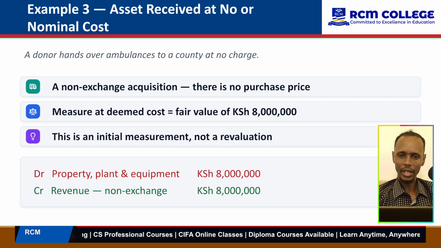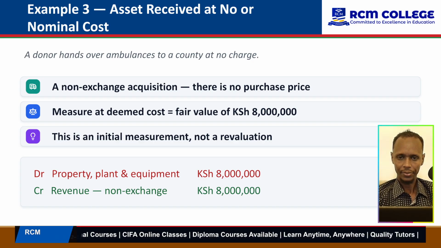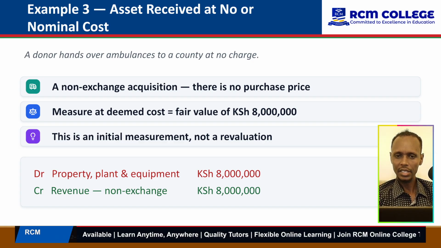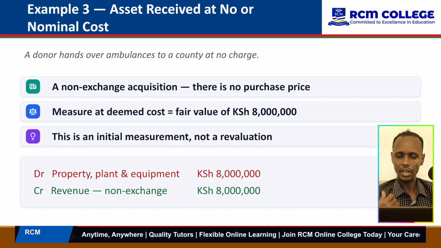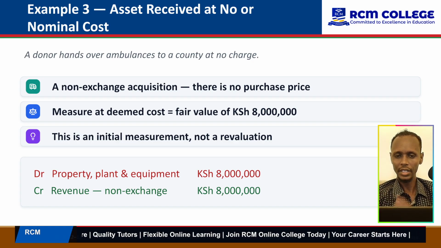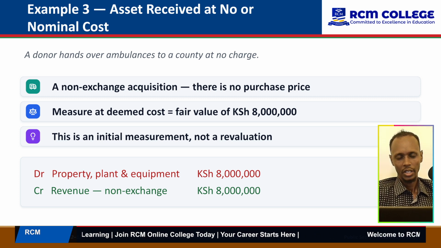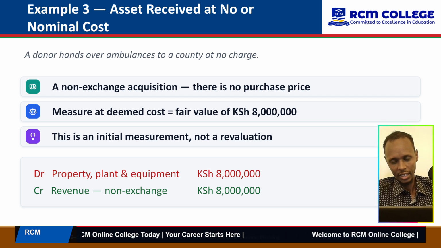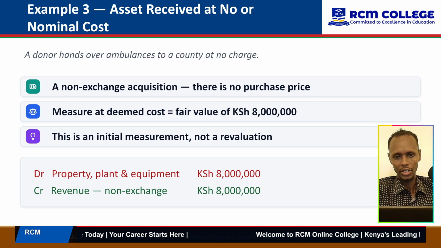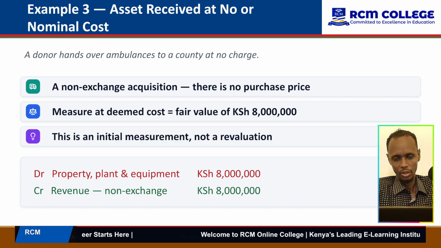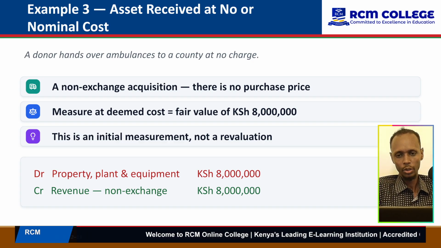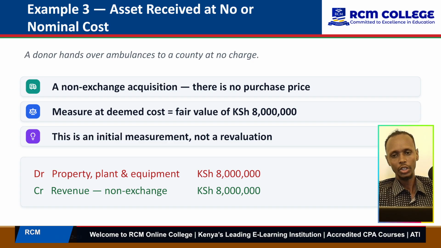If the donor gave you the price of purchasing that asset, then you credit revenue and debit the price they have given you. But if they have not given you and you cannot find it anywhere else, then what IPSAS guides you is that you go back to the market, do a fair value measurement of that asset, and look at an asset of equal value in the same condition.